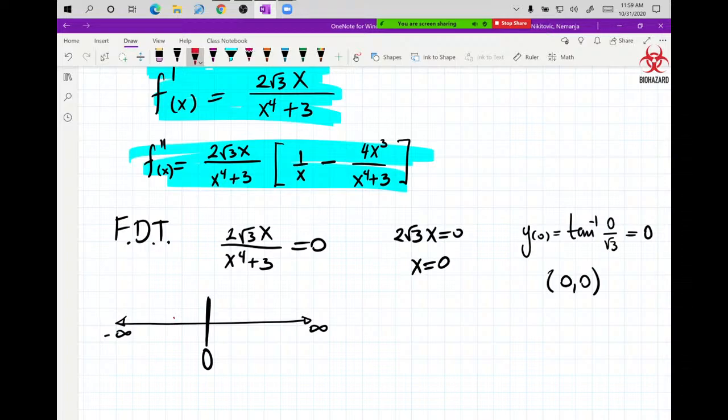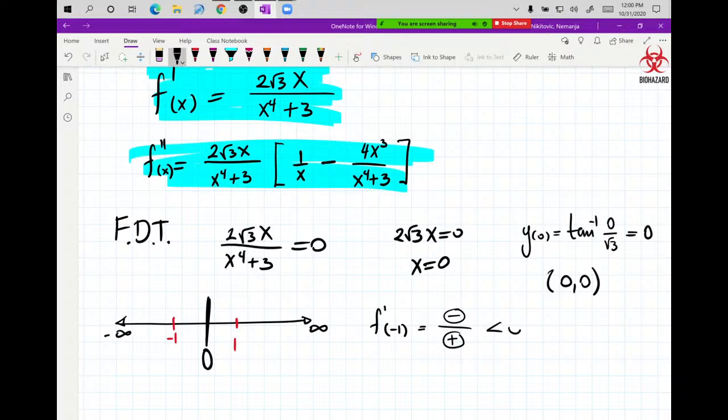So -1 and 1, whatever. So f prime at -1 is going to be a negative number divided by an always positive number, because x to the fourth is even, and that's always going to spit out a positive number, and then plus 3 is more positive.